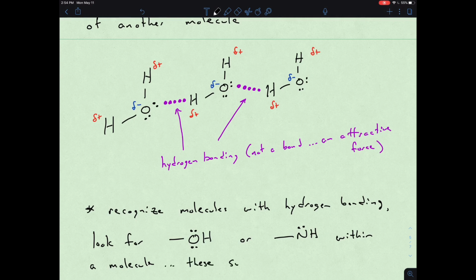These, I guess you could call subgroups, love to hydrogen bond.